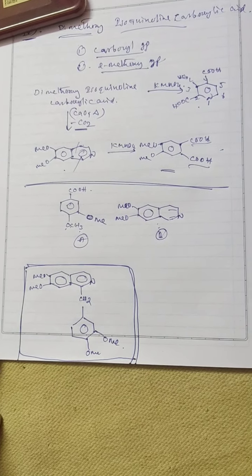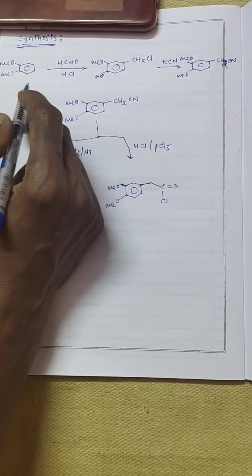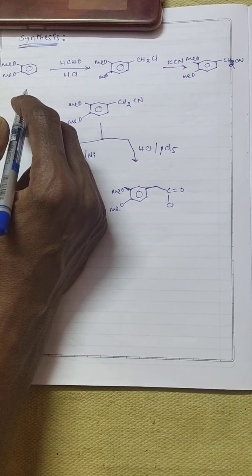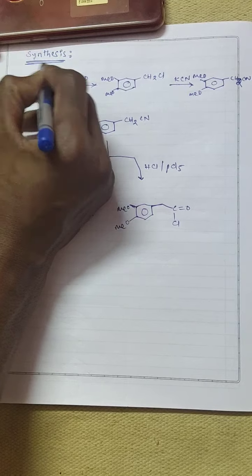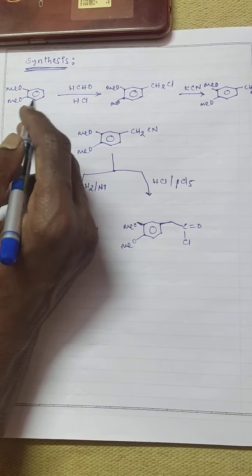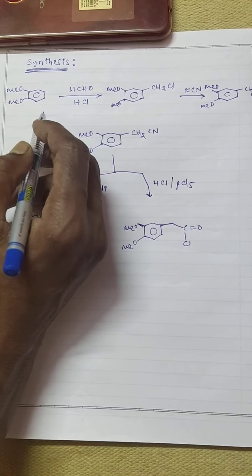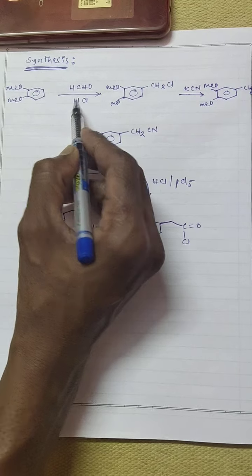Okay, so the papaverine structure is confirmed by the synthesis. So now let's discuss the synthesis of papaverine. The starting material is dimethoxybenzene, which is reacted with formaldehyde in the presence of HCl.